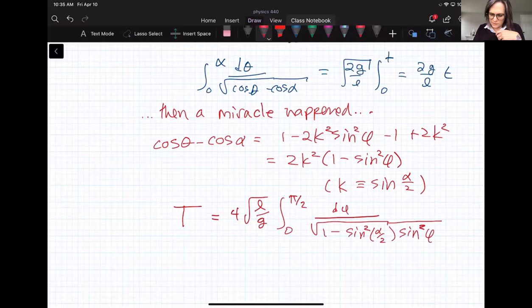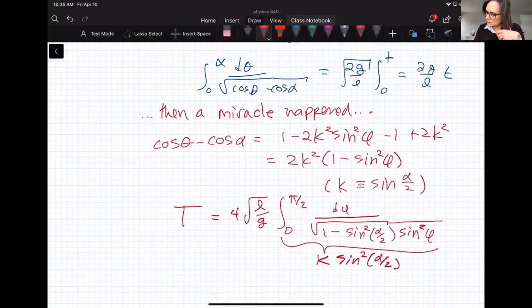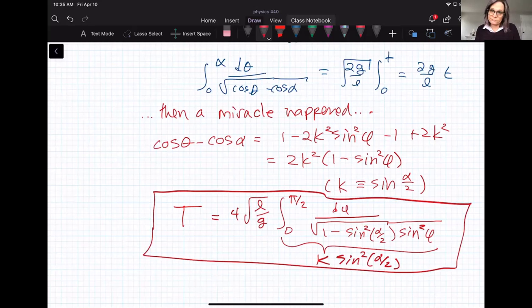All of this is essentially k times sine squared of alpha over 2. And like I said, this is kind of opaque.